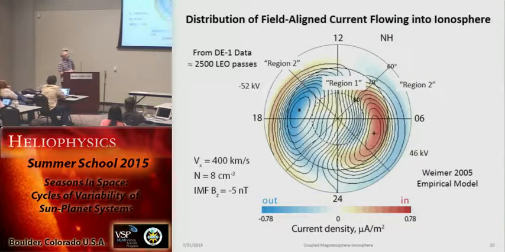But another closure path is from this current in to a low latitude path. And these are the so-called region 2 currents at lower latitudes. That's just purely a morphological description when people didn't know what these currents were due to. And so there's another closure path here. And so you see the potentials are closer together over here as well.